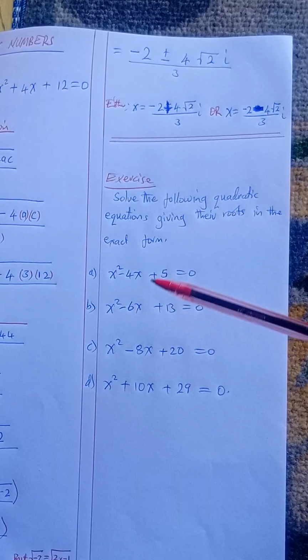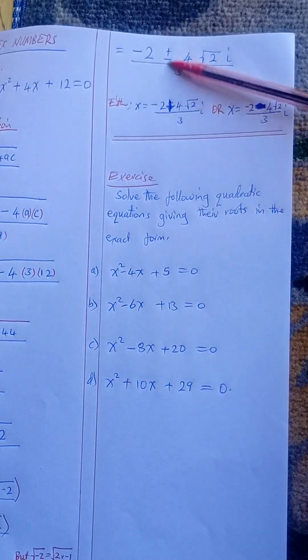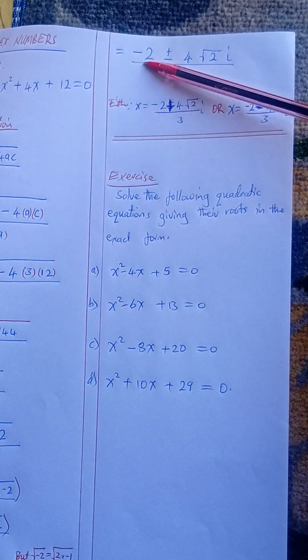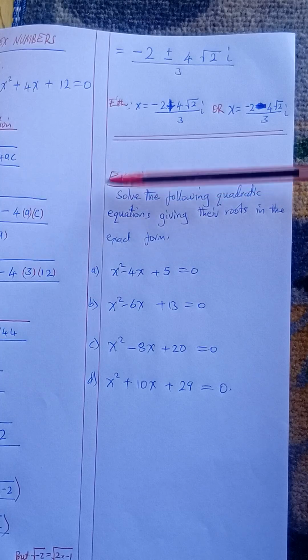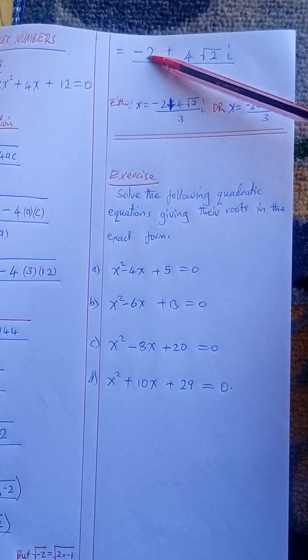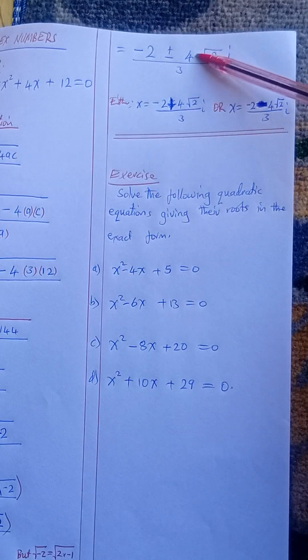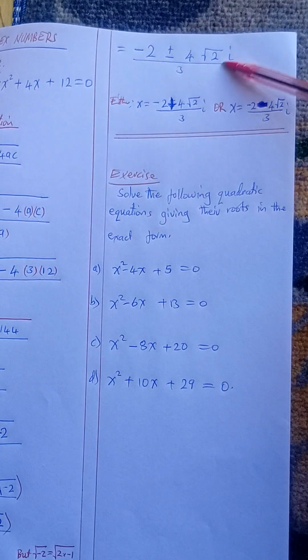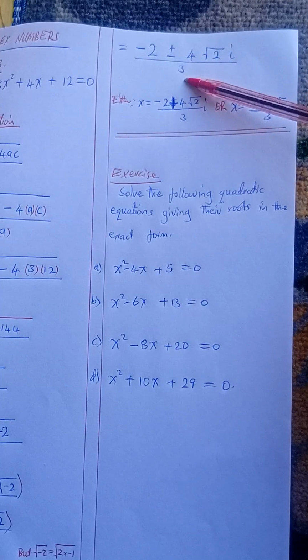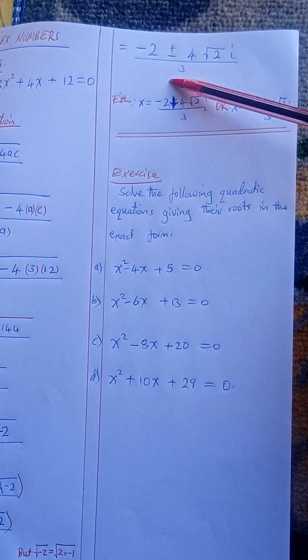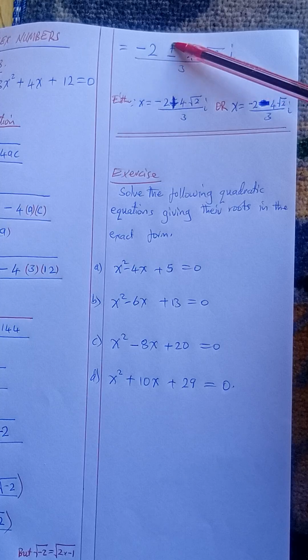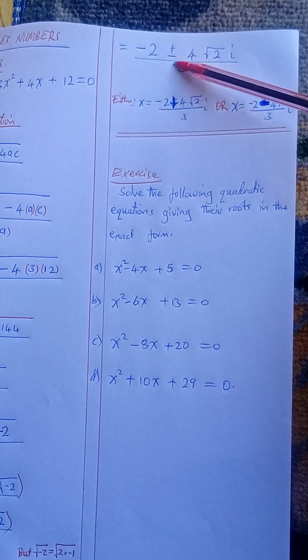In the next step, we come up here with what we found from down here, the answer being negative 2 plus or minus 4 root 2i out of 3. The first value of x will take a positive sign in between, the next one will take a negative sign.